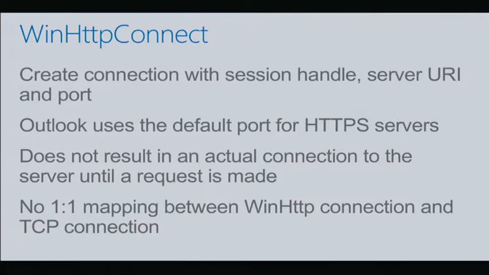One thing to note here is the actual connection is not made at this point. The actual connection is established only when we send the first request. Also, there's no one-to-one mapping between WinHTTP connections and TCP connections.